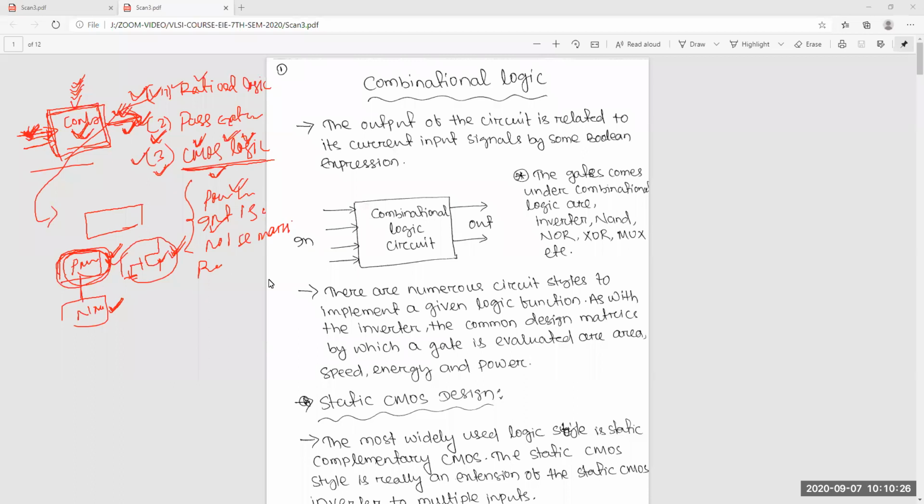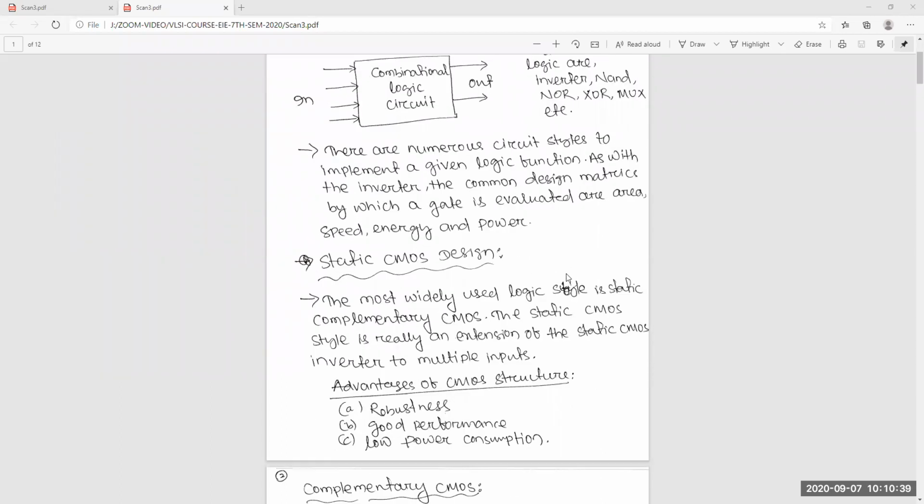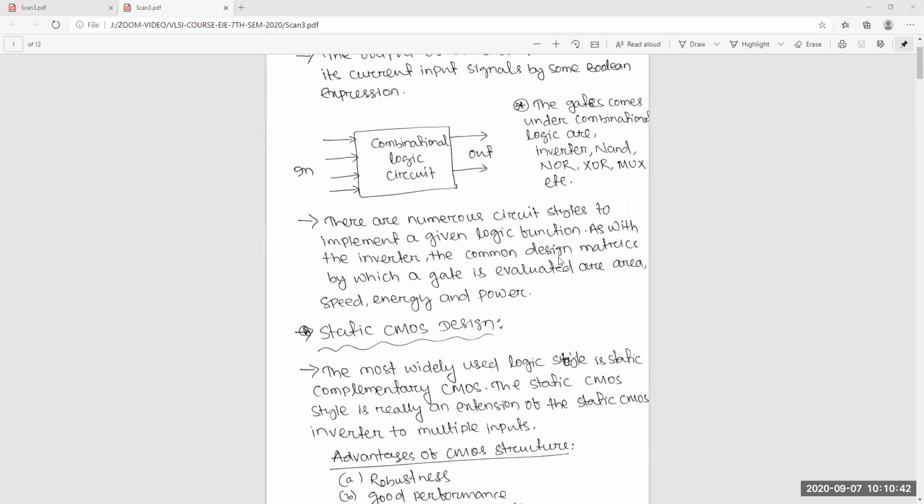Okay, so here you can see this is your combinational circuit. There are a number of inputs.